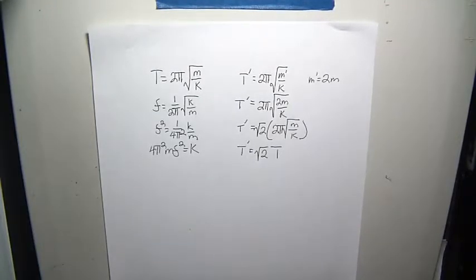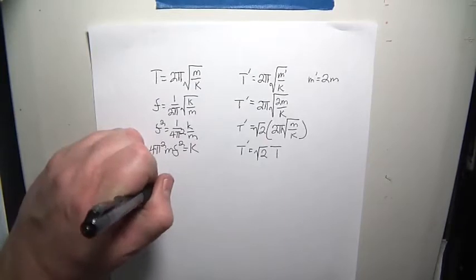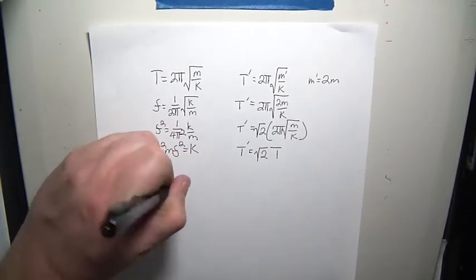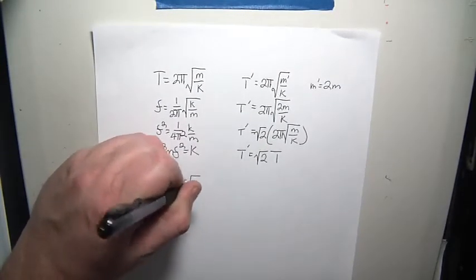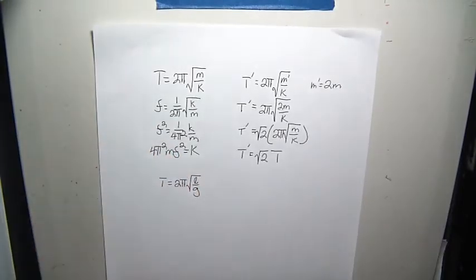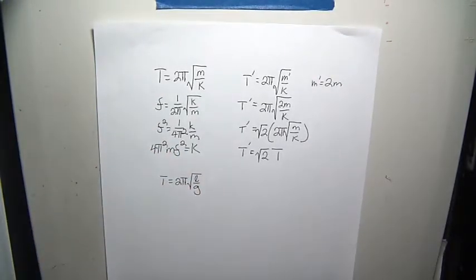Number 2. Physical pendulum, and really it should be simple pendulum, with a period of 4 seconds. With a simple pendulum, T is 2 pi square root of L over g. T is 4. If its mass is 5 kilograms, what is the length of the pendulum?